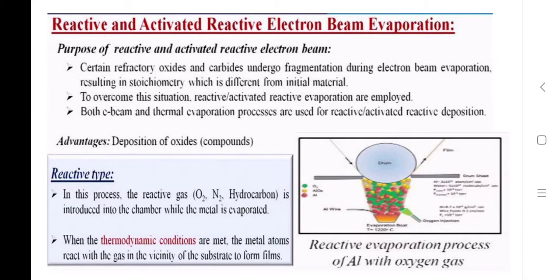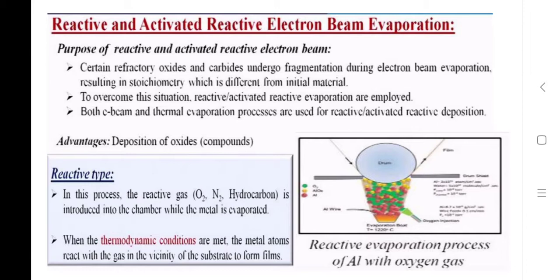While the source material goes into the vapor form, it may change its characteristics. So whatever material we want as a coating material, that property can be changed. So we are using the combination of both the thermal evaporation process and the e-beam evaporation process together in this reactive and activated reactive electron beam evaporation technique.